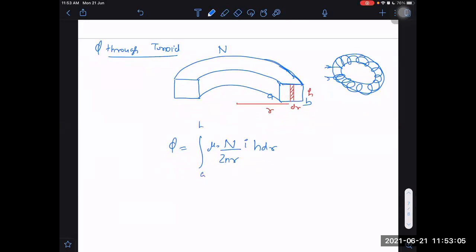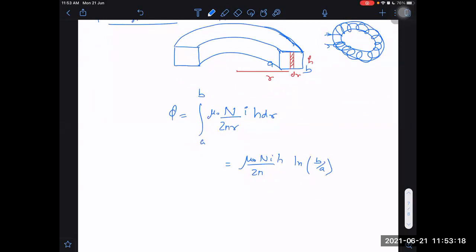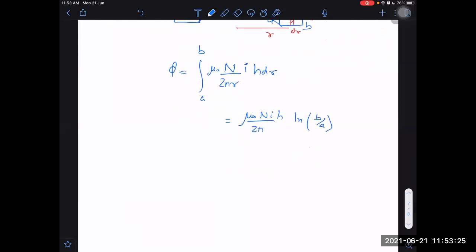Then the answer is mu naught N I by 2 pi into h into ln b by a. Getting the flux, right? Yes, sir.